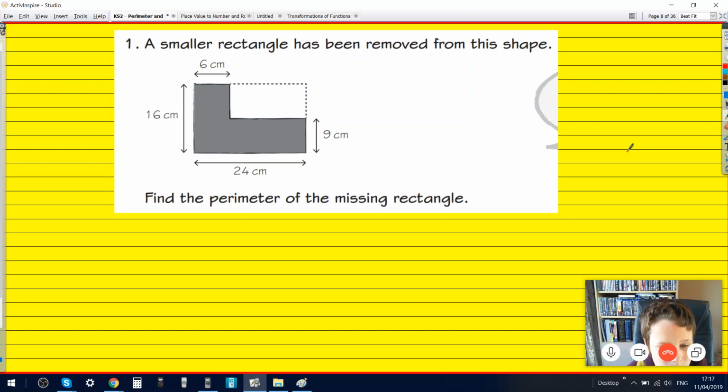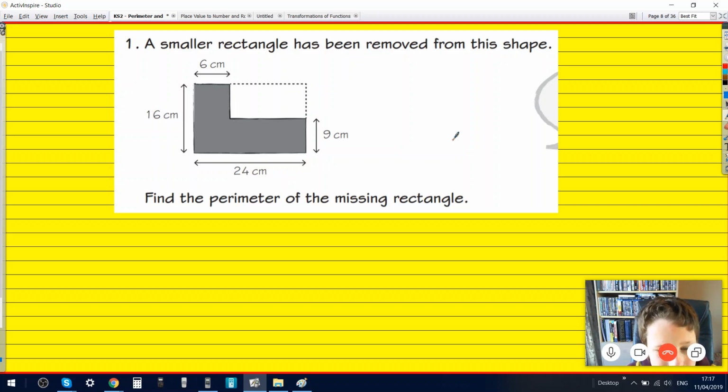So we would now have two 24 centimeters and two 16 centimeters. So that would be the total shape. Well, they want the perimeter of this missing part. Yeah. So any idea, let's say, the height of the missing part, or how you can find it?